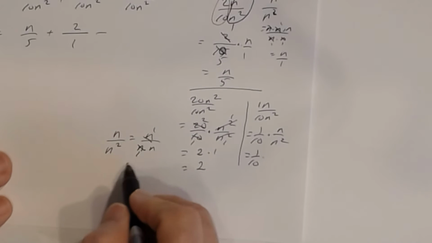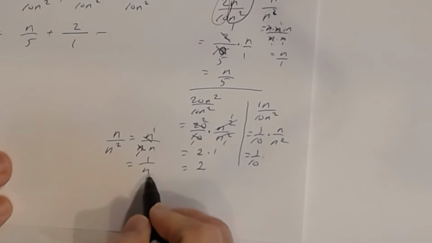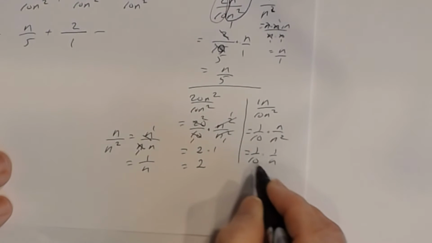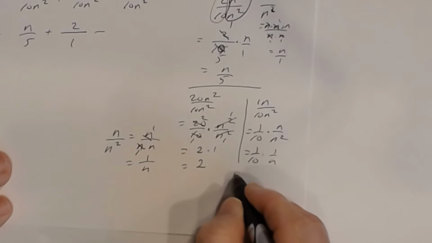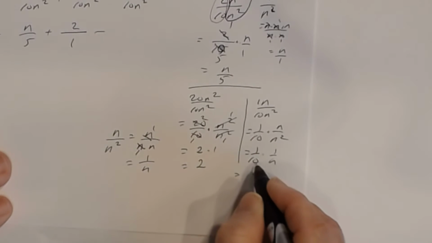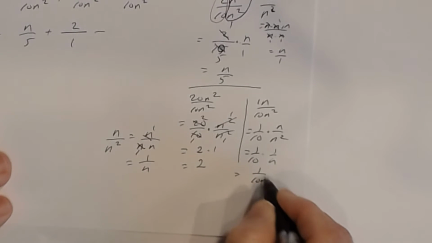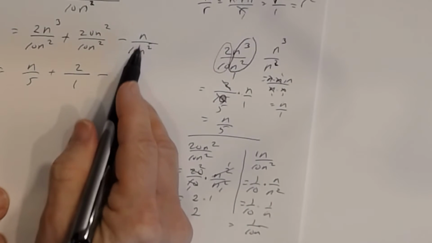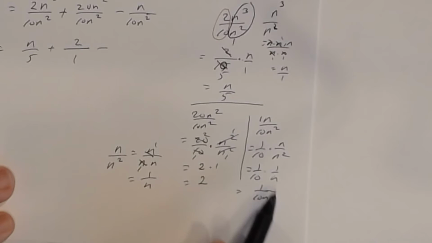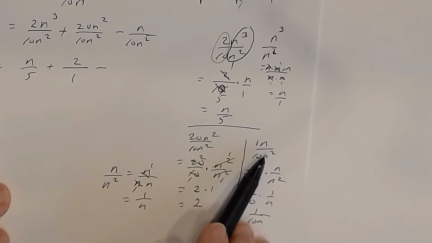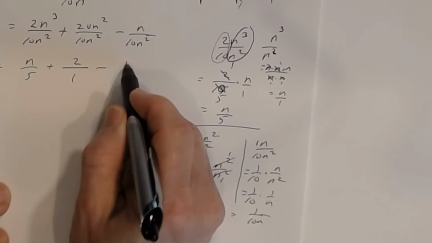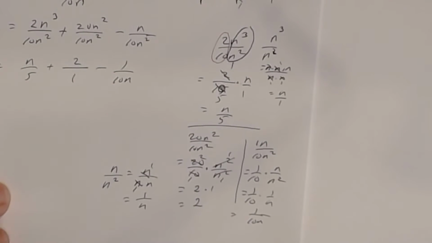You have 1 divided by 1 times n is n. So this right here is 1 divided by n, so I'm going to put that here. Now write this back as one fraction. 1 times 1 is 1, 10 times n is 10n. So that fraction goes here. So this is this. See, this right here is this, and then we did all this work right here and we got this. So that's 1 divided by 10n.